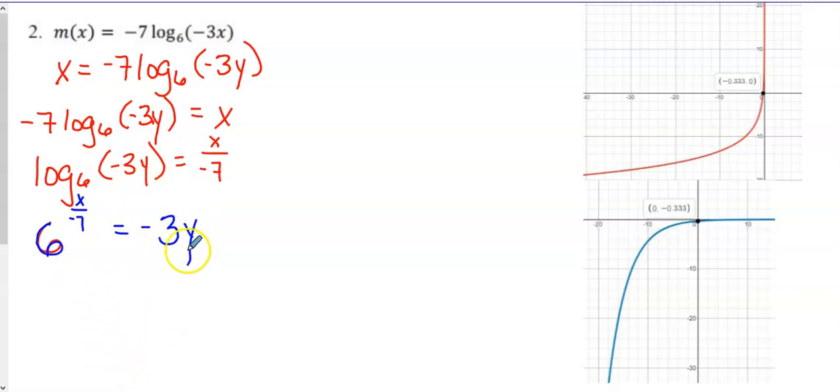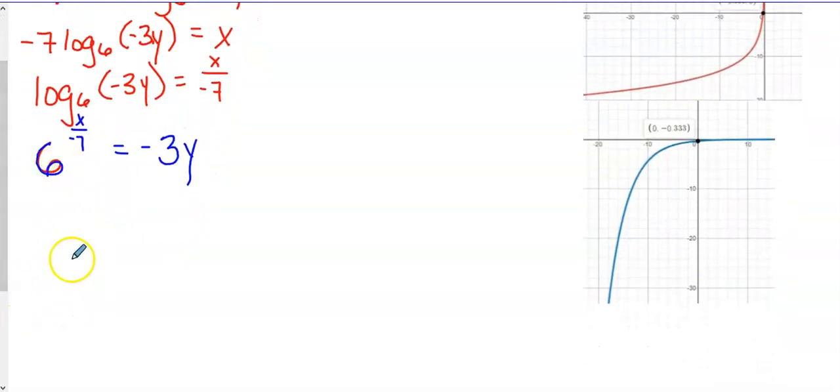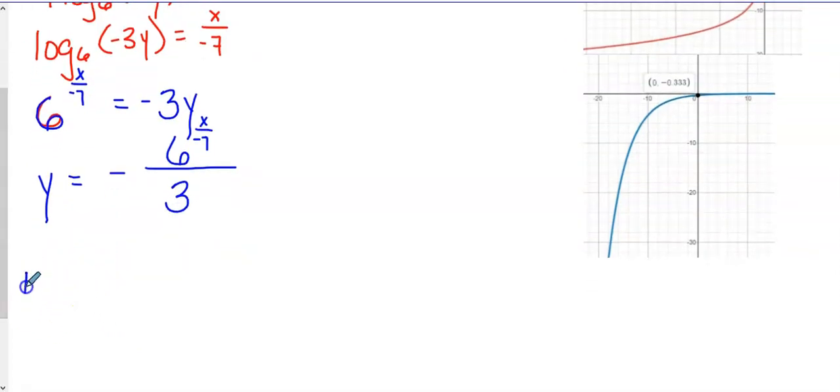Okay, so now to solve for y, all I need to do is divide by -3. I'm going to make this just a negative fraction because I'm going to be putting -3 under here. So y is going to equal negative, and then my numerator is going to be 6 to the x over -7 divided by 3. So that's the inverse. We just need to rewrite it with the m.